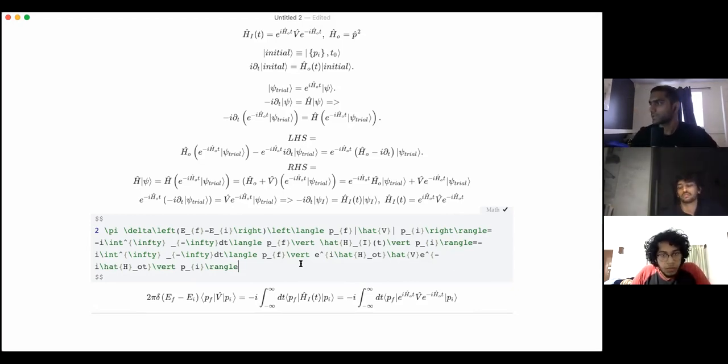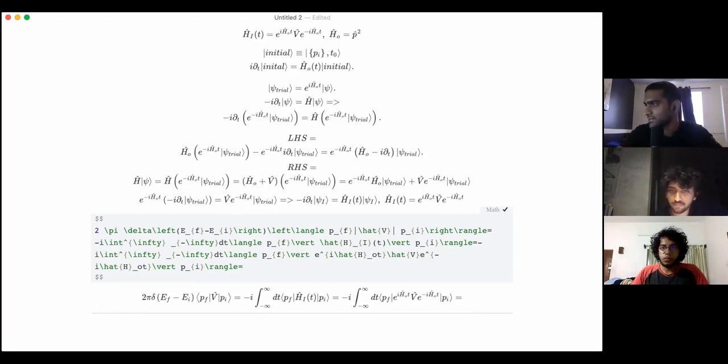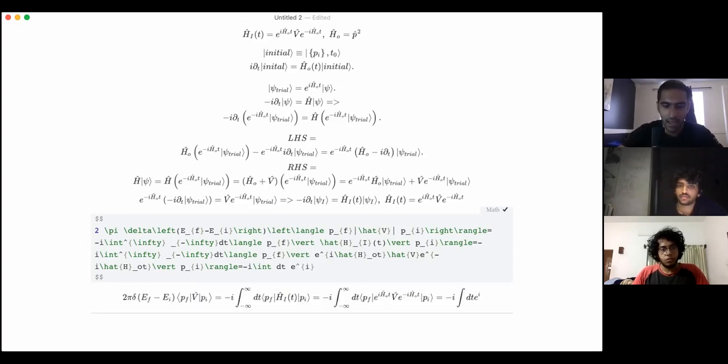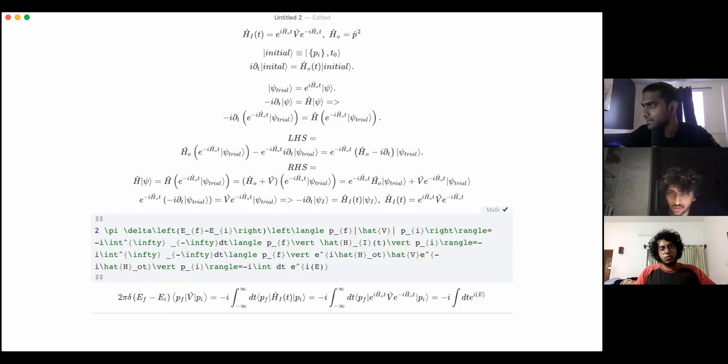Okay, we're in good shape, don't you think? Because it's minus i times the integral dt e to the power i E, which goes to one.